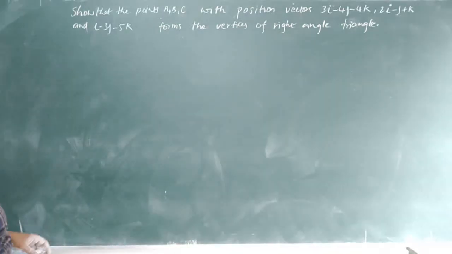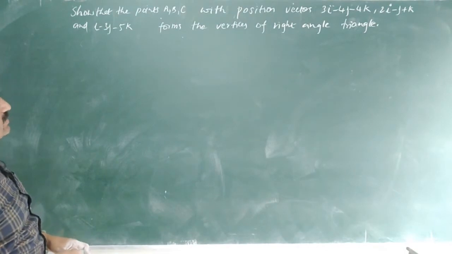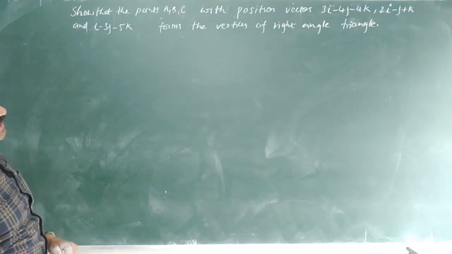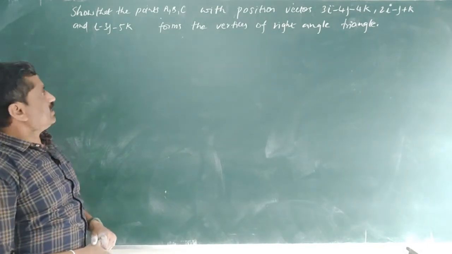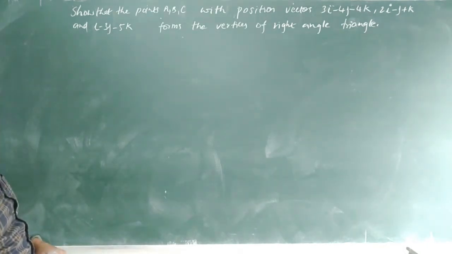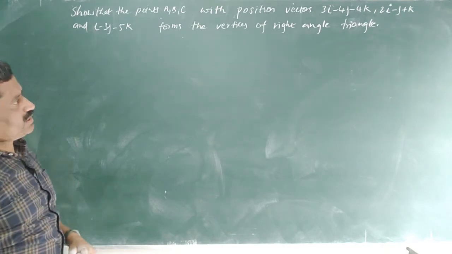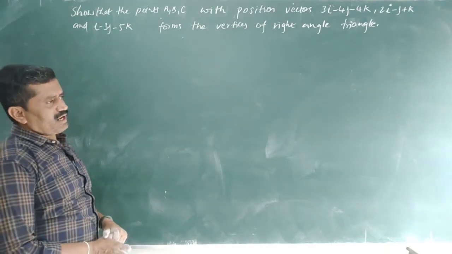Next, a similar question. Show that the points A, B, C with position vectors 3i minus 4j minus 4k, 2i minus j plus k and i minus 3j minus 5k form the vertices of a right angle triangle.